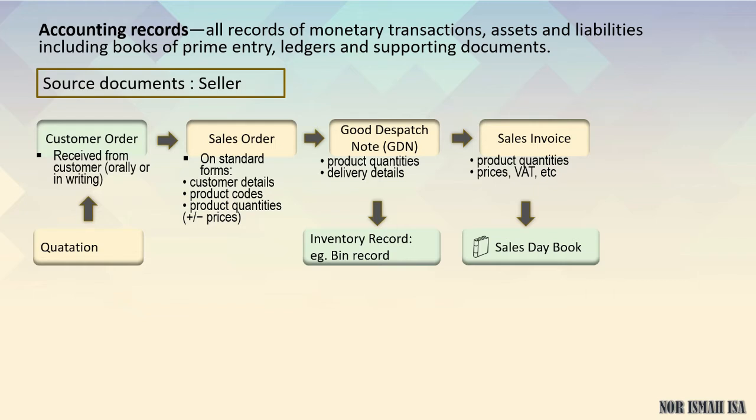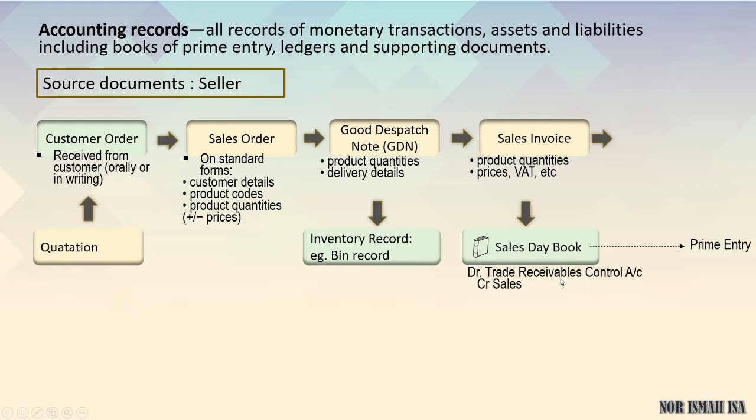The sales invoice will have product quantities, price, tax, etc. When they produce the sales invoice, at the same time the seller will record this transaction in the sales day book, which is the book of prime entry.